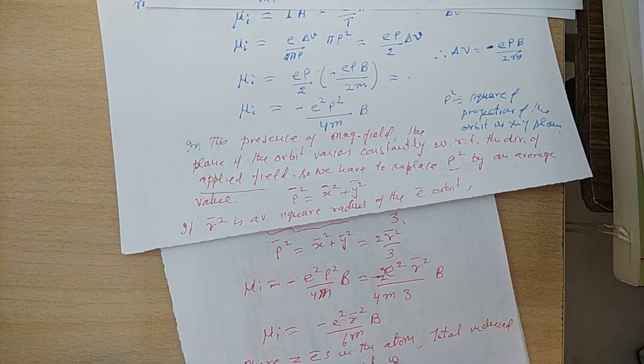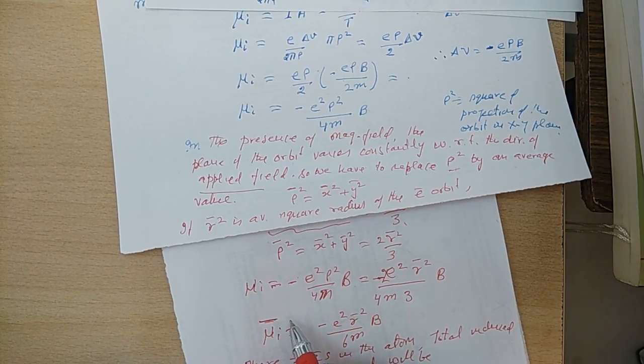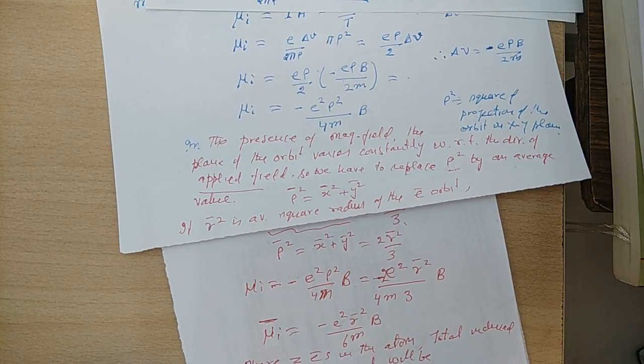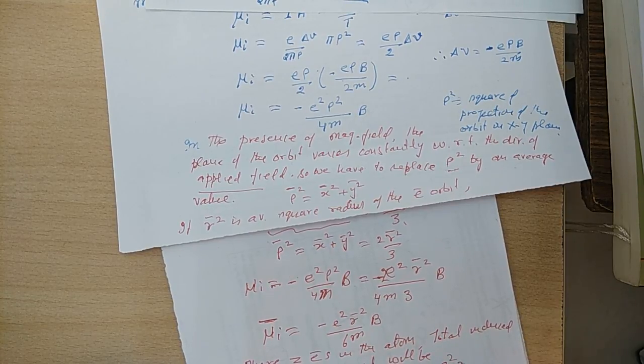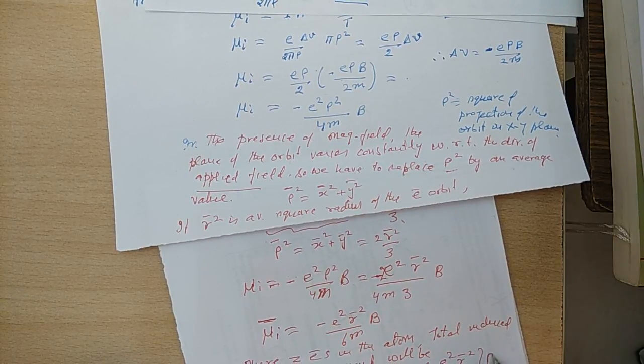The average μ_I is equal to Z into minus e² times the average r² by 6m into v. So if within the atom we have Z electrons, then this is the total induced magnetic moment.